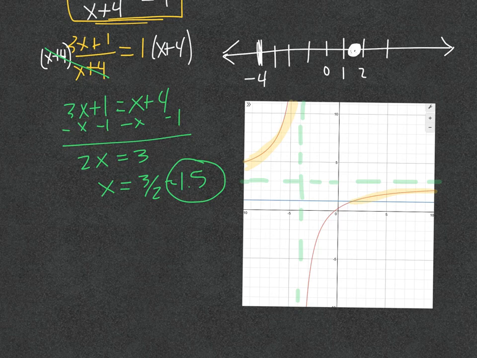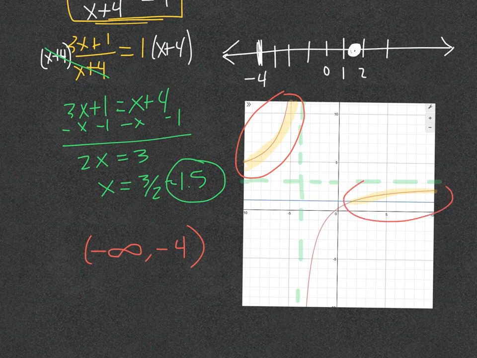I'm also going to ask you to write your solution in interval form, and also draw it on a number line. This part that I just circled is negative infinity to negative 4, and it's parentheses because it's not included. And this part over here that I'm circling is 1.5 to infinity.